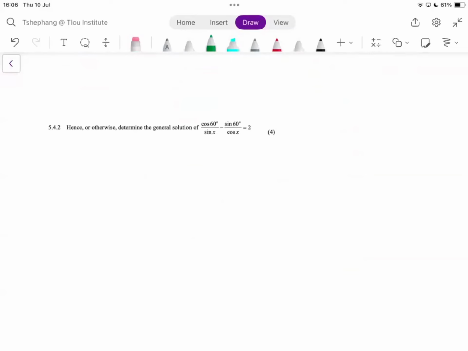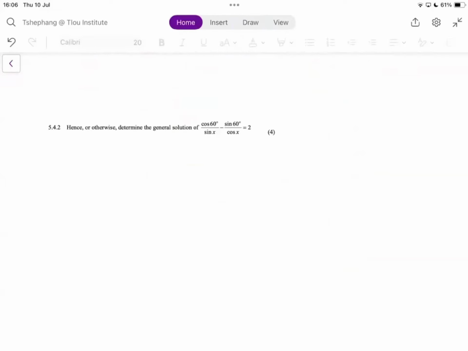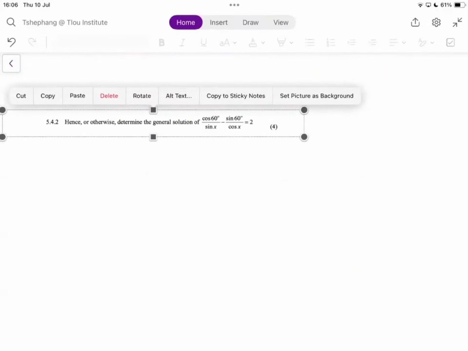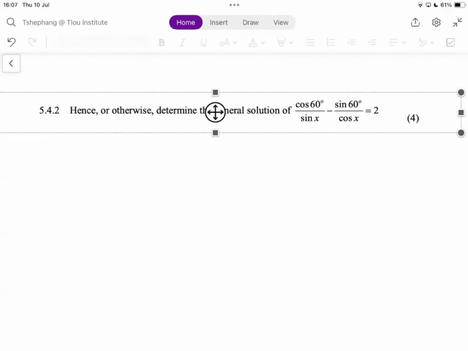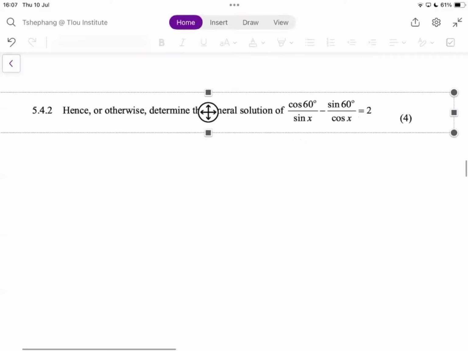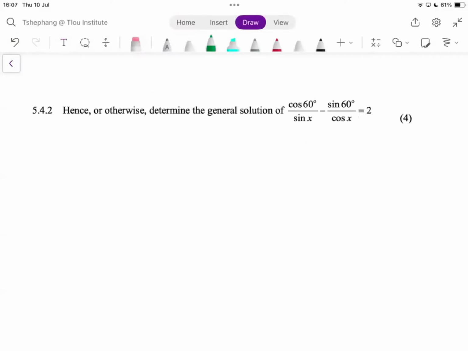Okay, now here they want us to find the general solution. Do you understand what they're saying? They're saying hence, meaning that you do not have to recalculate. We do know what this is. Check what I'm going to do.